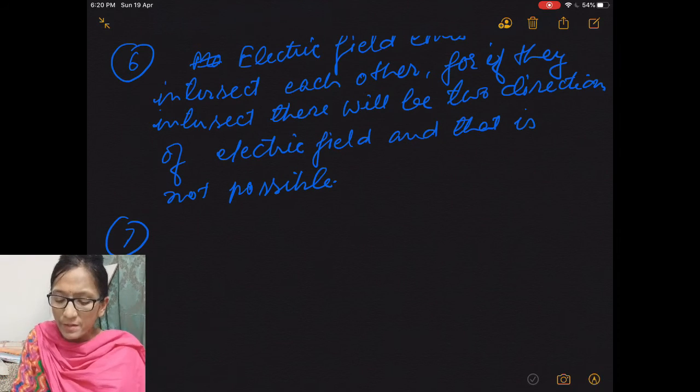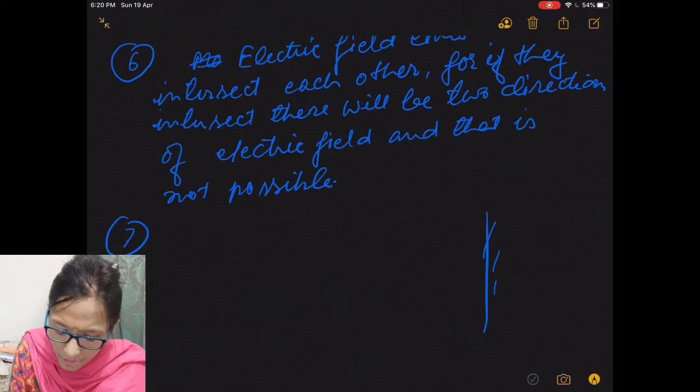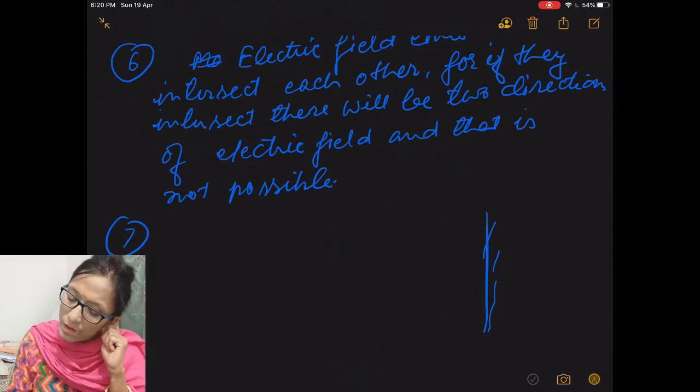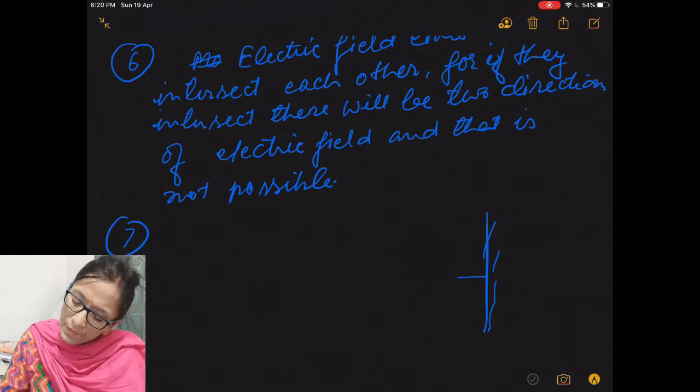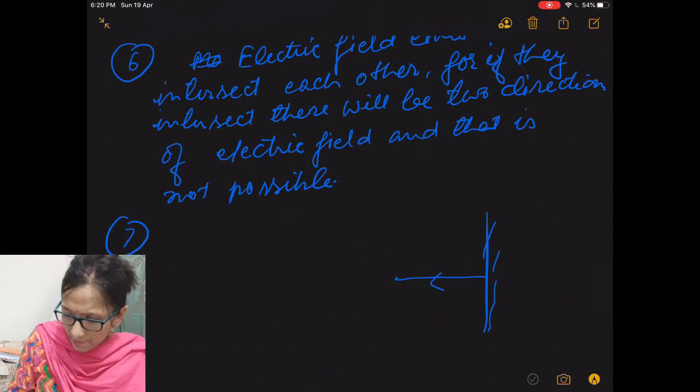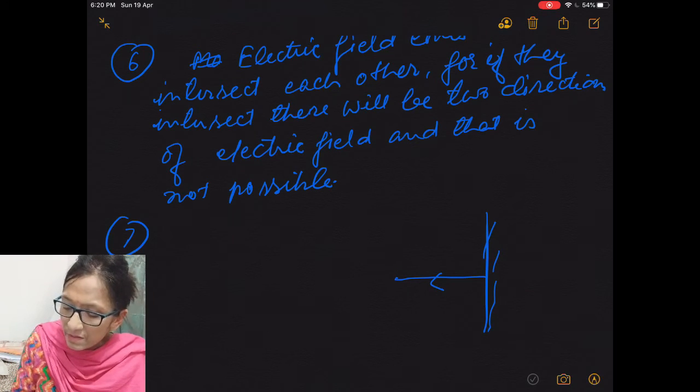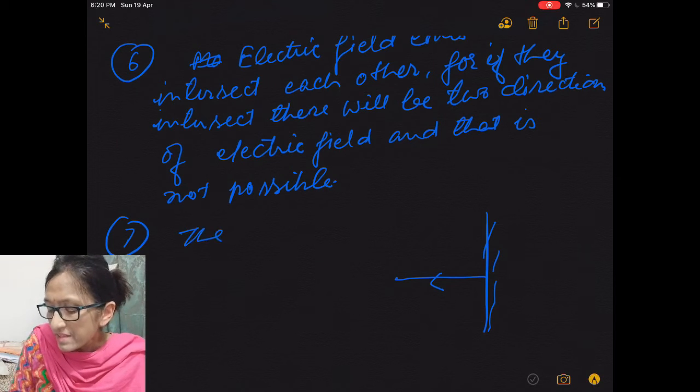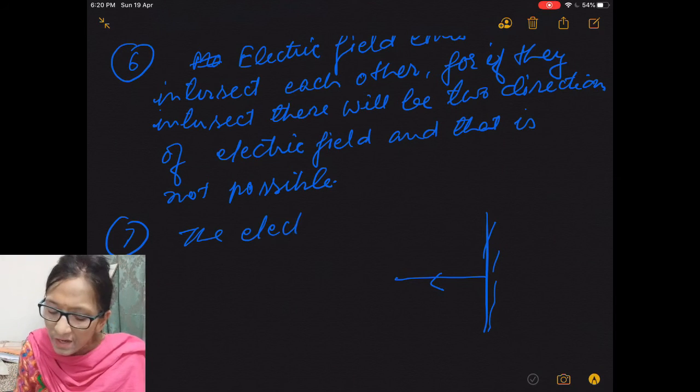Now next point. These electric field lines emanate or go to any surface perpendicularly.